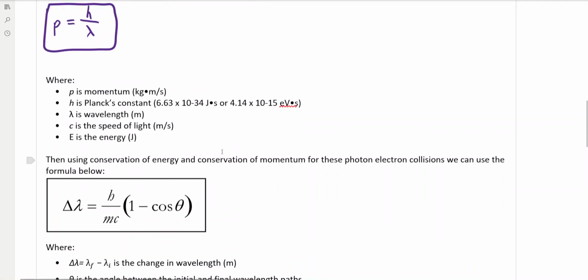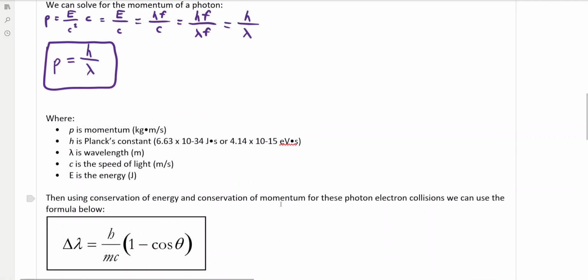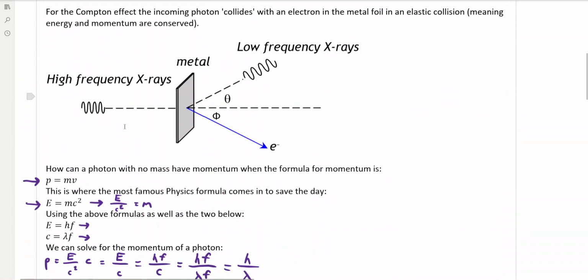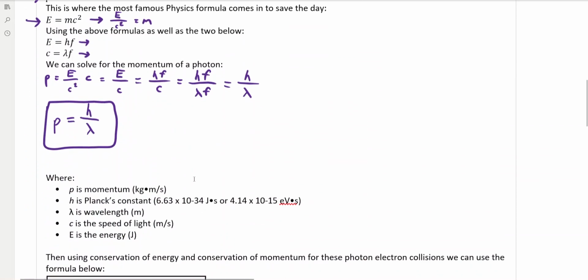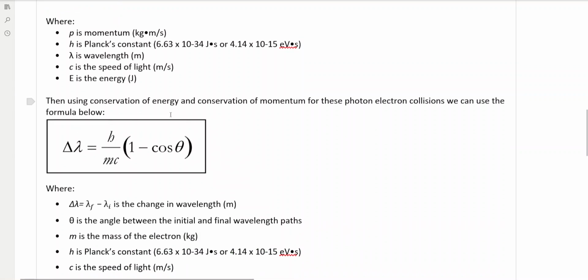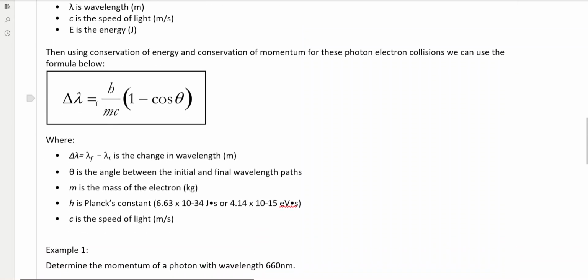Okay, if you use conservation of energy and conservation of momentum, I'm not going to go through that. I don't think it would be a fun time. But if you did that, you would arrive at this equation here. This equation is the collision of a photon and an electron, where m down here at the bottom is the mass of an electron.